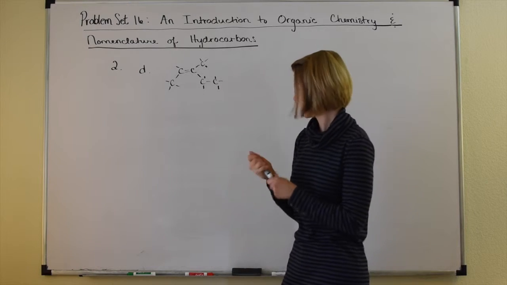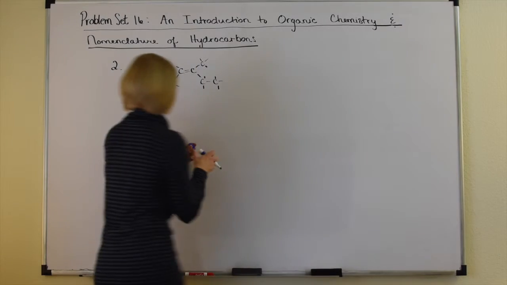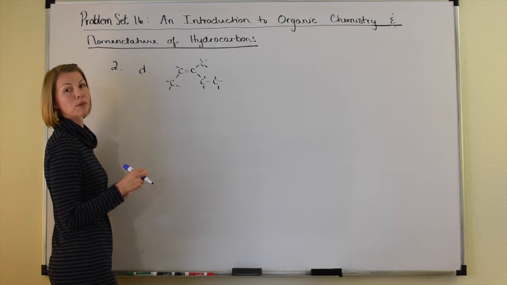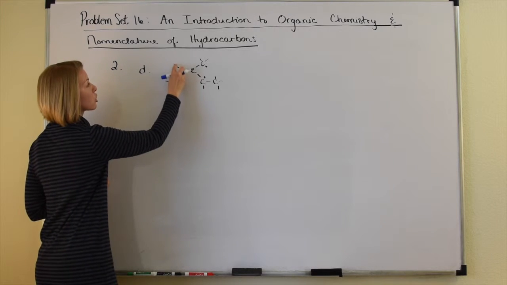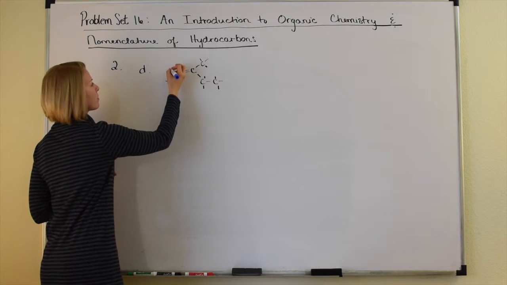All right. Use the blue pen here. Looking at the first carbon that is part of our carbon-carbon double bond, it is attached to a hydrogen here and a CH3 here. Those are different.